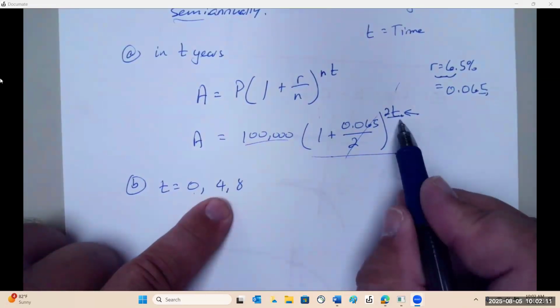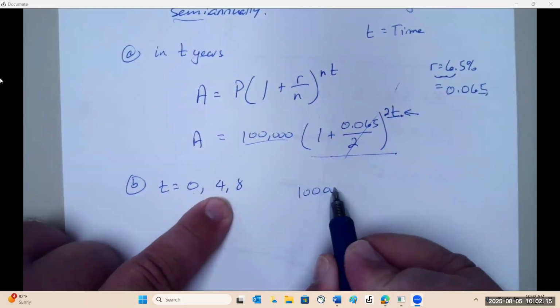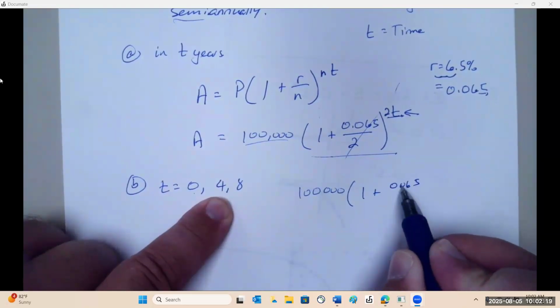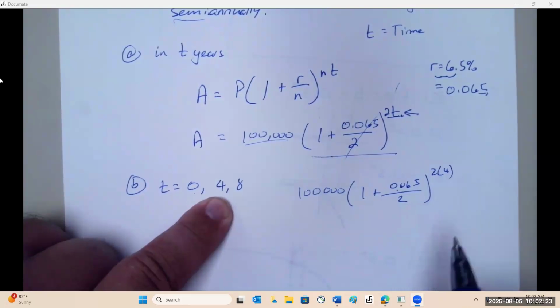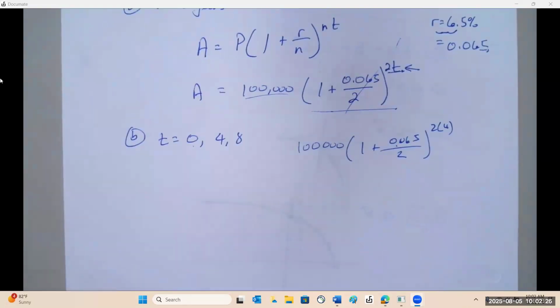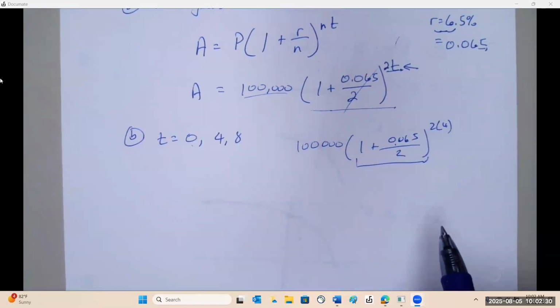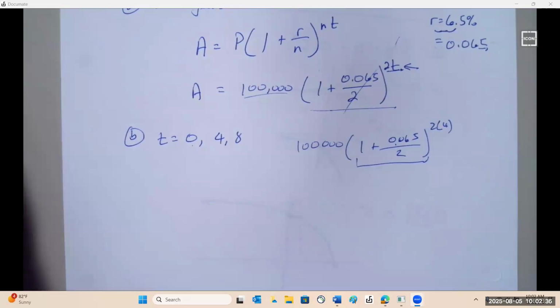At 4, now you have $100,000 times 1 plus 0.065 over 2, to the power 2 times 4, and multiply that out. So you see, now this number here begins to grow. And then you multiply it by 100,000, it grows pretty quick. So let's see what that one looks like.